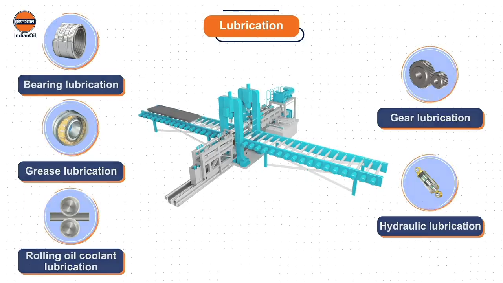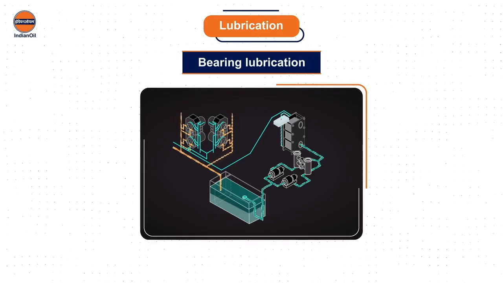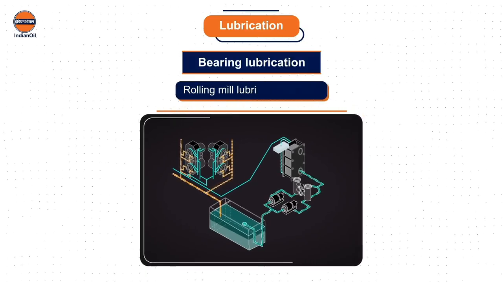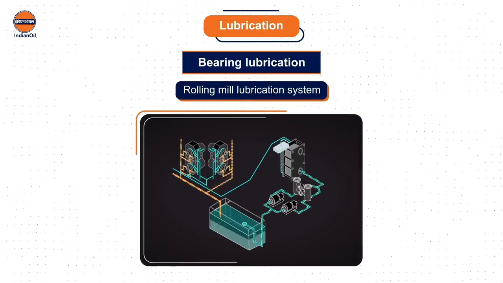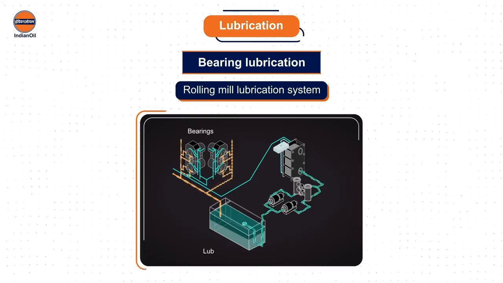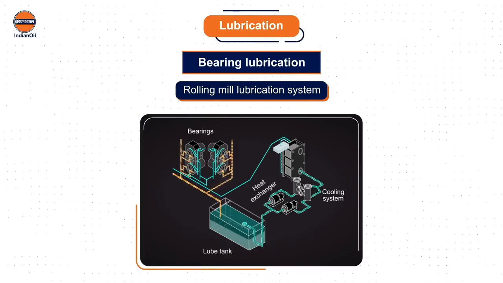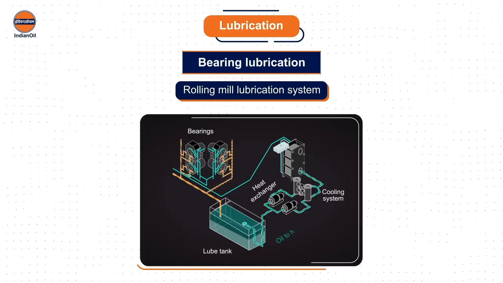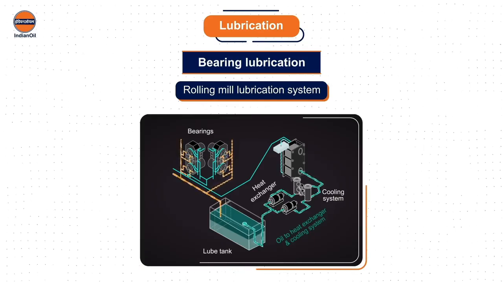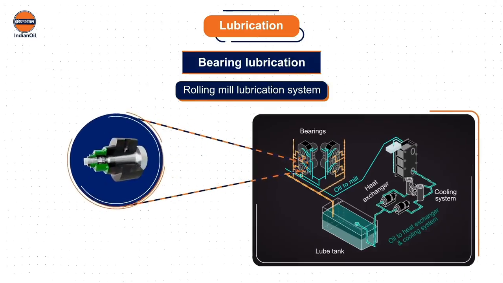First, let's look into bearing lubrication. This is the overall structure of the rolling mill with the lubrication system. It consists of the rolling mill with the bearings, lube tank, heat exchanger, and the cooling system. The lube oil from the tank passes to the heat exchanger and the cooling system and then enters the mill from where it makes its way to the bearings.